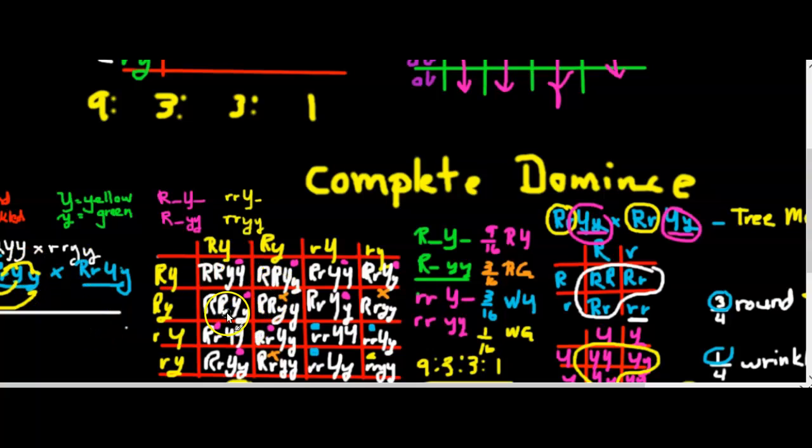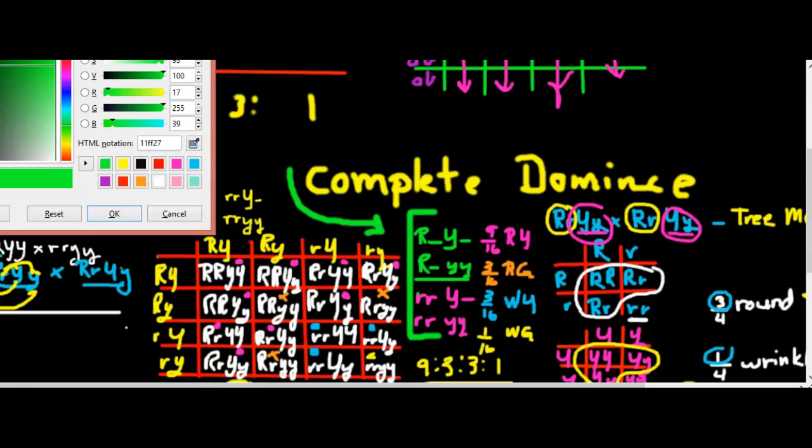And it just follows the order that I said that we're going to follow right here. So 9 out of 16 are going to be dominant for both traits. So it's going to follow this pattern right here. You have to know the pattern.